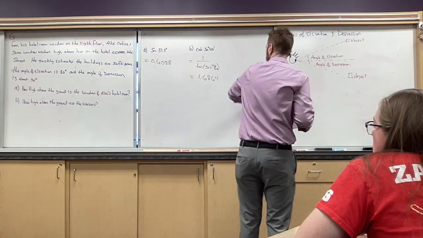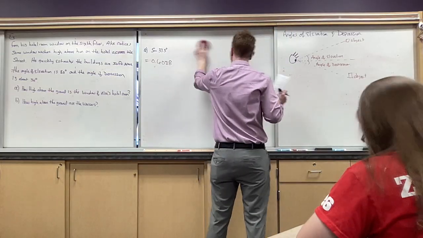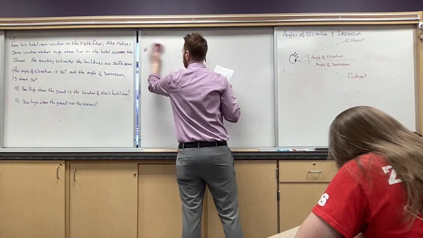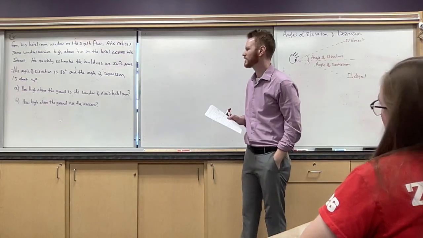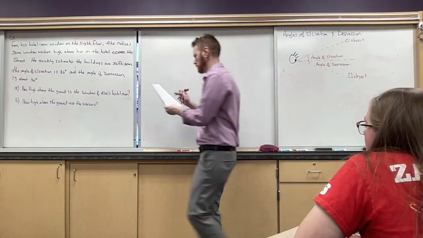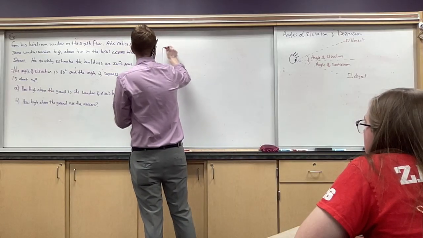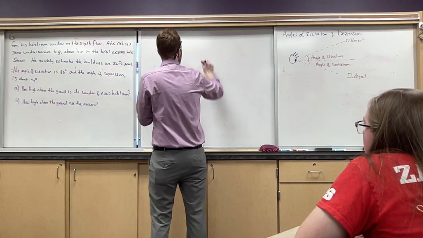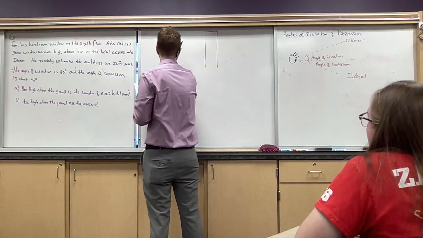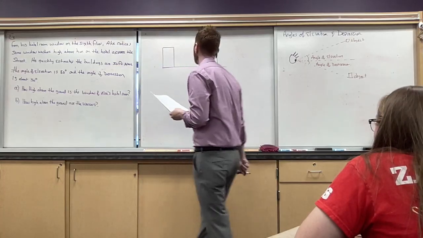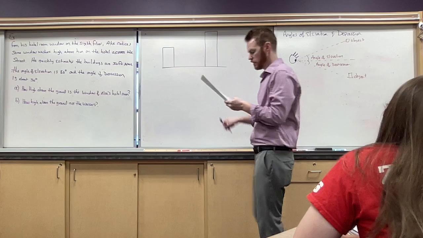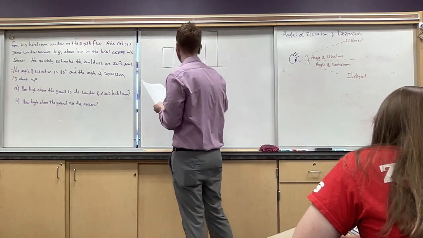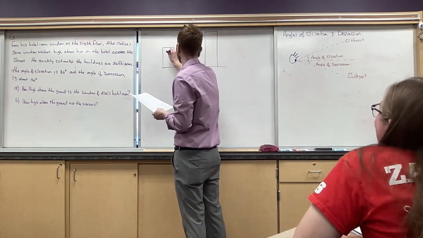It's picture time. Draw a picture. It's very nice to draw one just to get your thoughts down, just see what's happening. So I'm going to draw two buildings. Okay, let's use some information here. He's on the 6th floor, so let's say he's here.